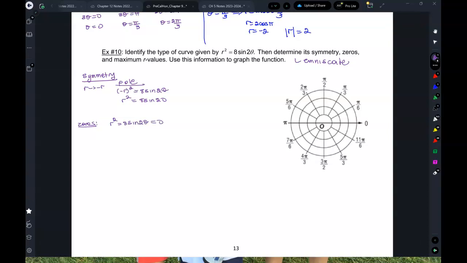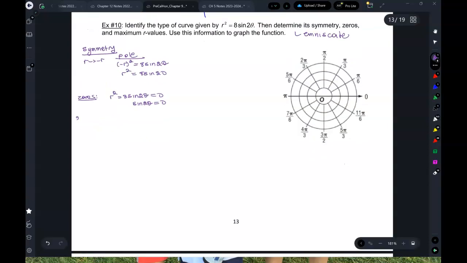If you divide both sides by 8, sine of 2 theta is equal to 0, and sine is equal to 0 at 0, pi, 2 pi, 3 pi, and so on. So what I want you to do is the following. 2 theta equals 0, 2 theta equals pi, 2 pi, 3 pi.